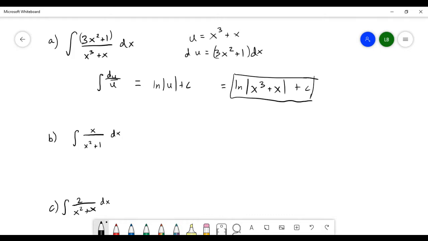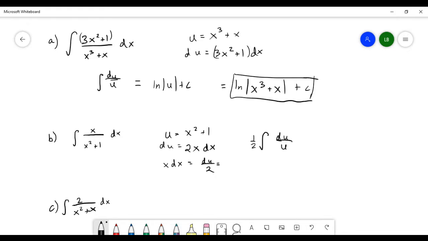Part B is going to be pretty similar as well. Let u equal x squared plus 1. Then du is 2x dx, or in other words, x dx is equal to du divided by 2. So we end up with the integral of 1/2 times du over u.